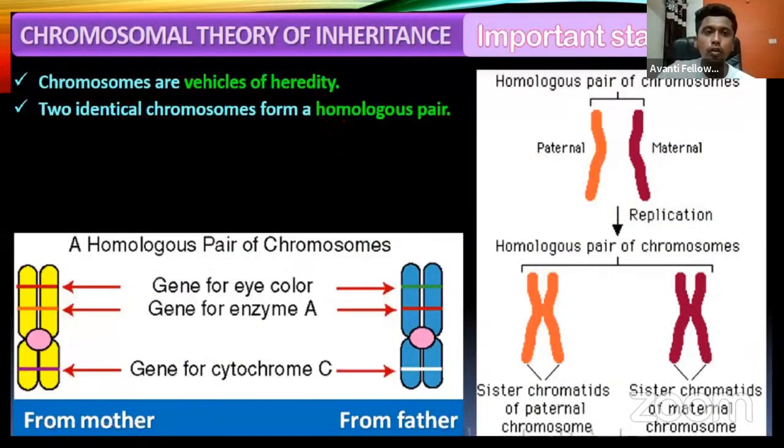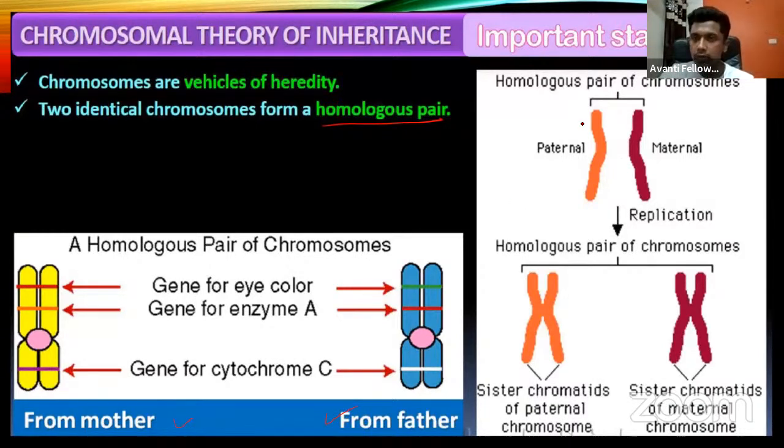Now, when it comes to the chromosomal theory of inheritance, first we have to understand chromosomes. Chromosomes appear in homologous pairs. You can see here a homologous pair of chromosomes from the mother, and then we have one from the father.